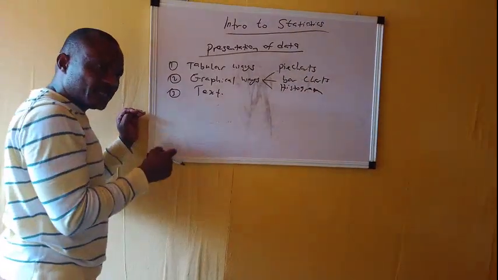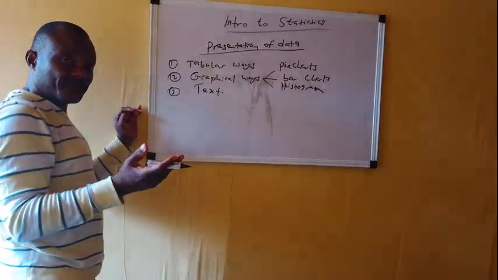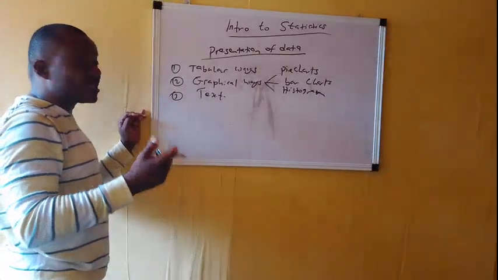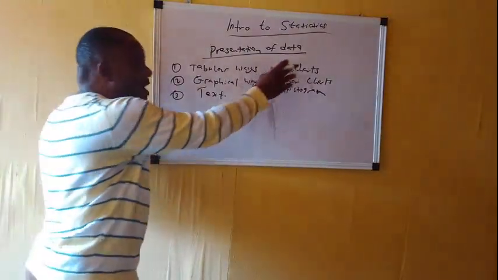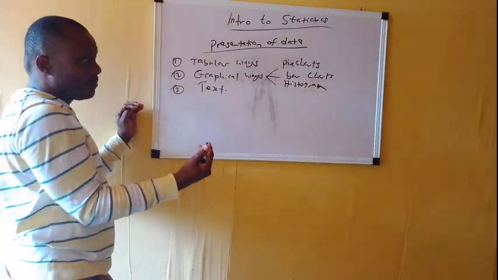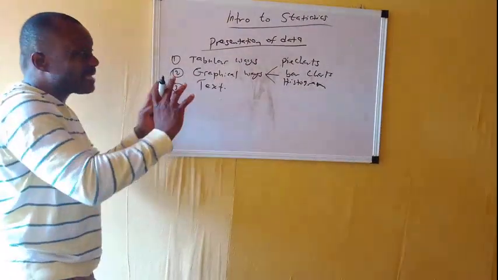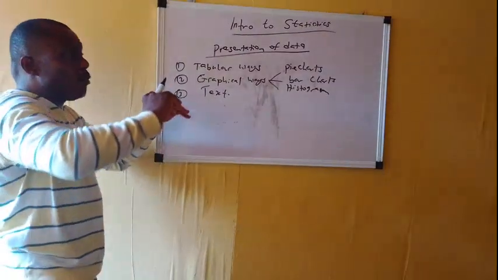These are the three commonest that we use. There are many others, the radar charts and the rest of them. So you put the data in a pie chart or in a bar chart or in a histogram.